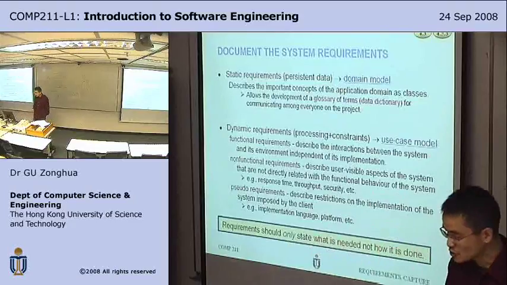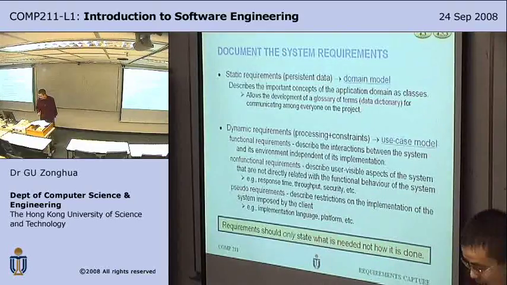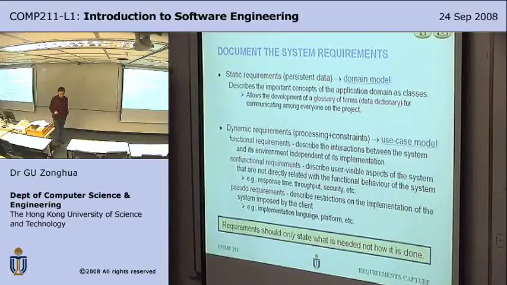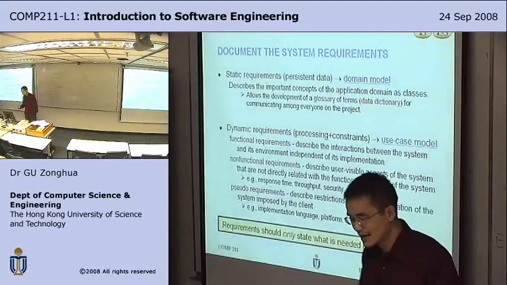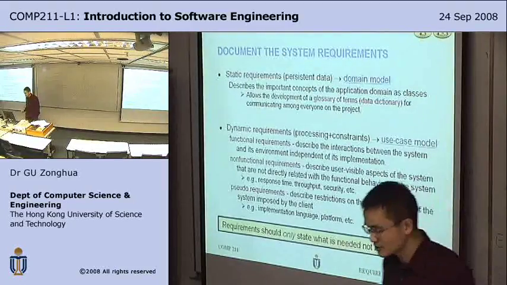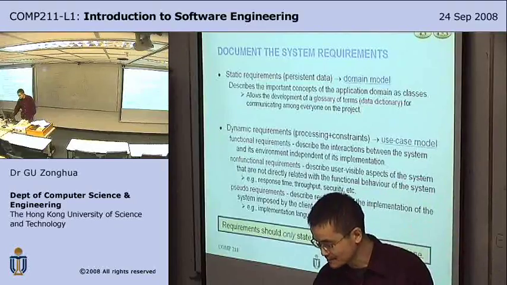The requirements should only state what is needed, but not how it's done. So how it's done is the job of the later analysis and design stages. In practice, requirements often has a mix of what and how, but ideally it should only consist of what.